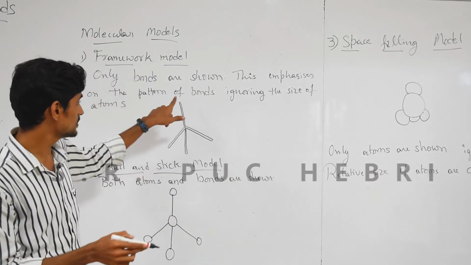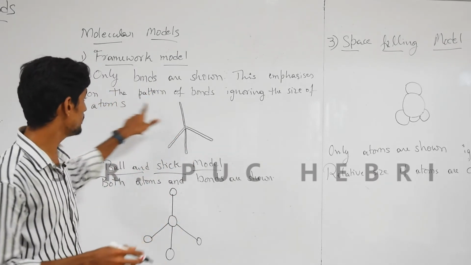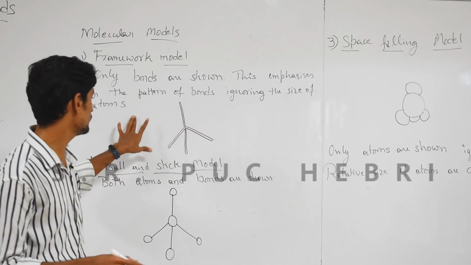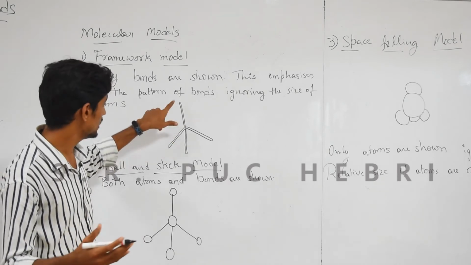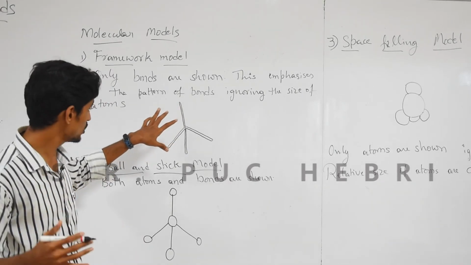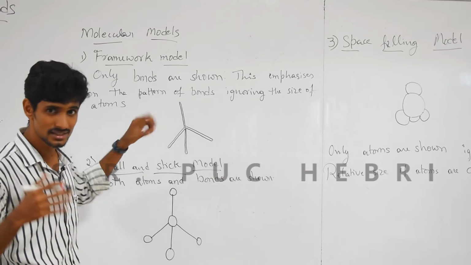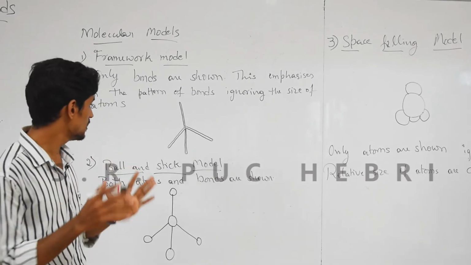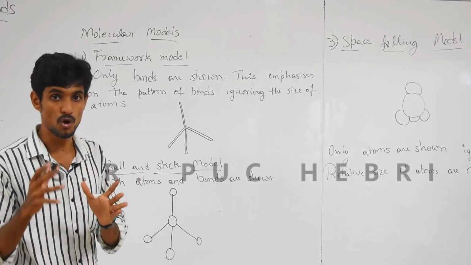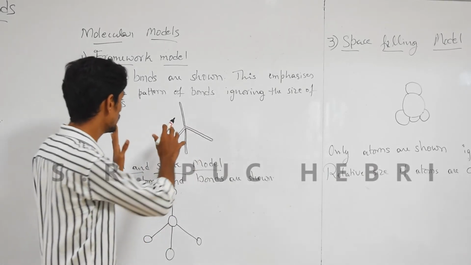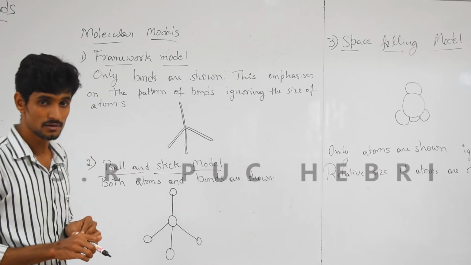Here only bonds are shown, and this emphasizes the pattern of bonds, ignoring the size of atoms. Carbon may have a larger size and hydrogen a smaller size, but we are ignoring the size of atoms. We are only trying to explain the pattern of bonds. So this is how the framework model works.